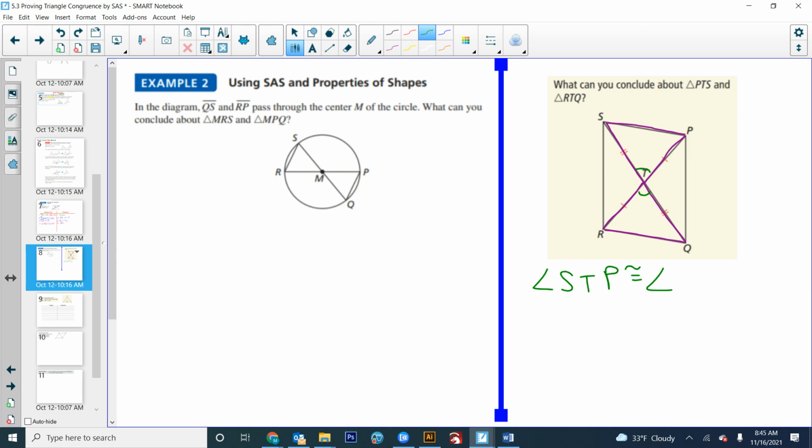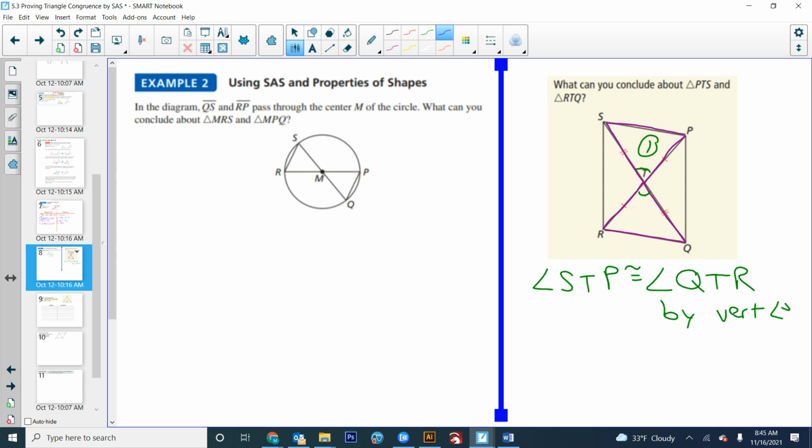Mackenzie, do you want to take a stab at the order? So I said STP in the top triangle. What order would you say in the bottom one for this angle? QTR, thank you. QTR by the vertical angles theorem.